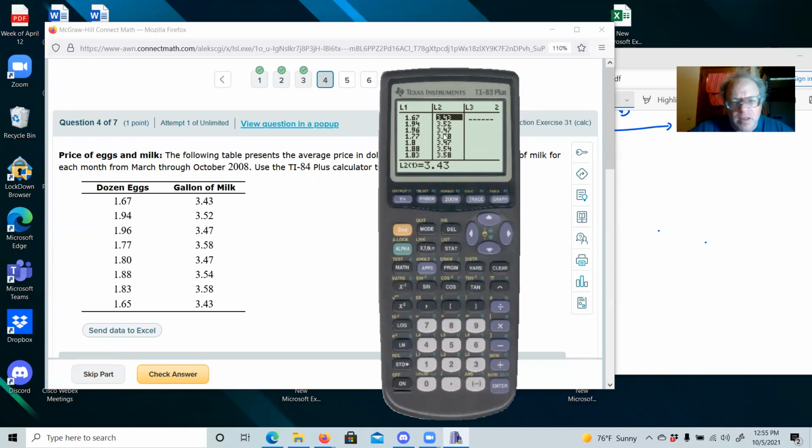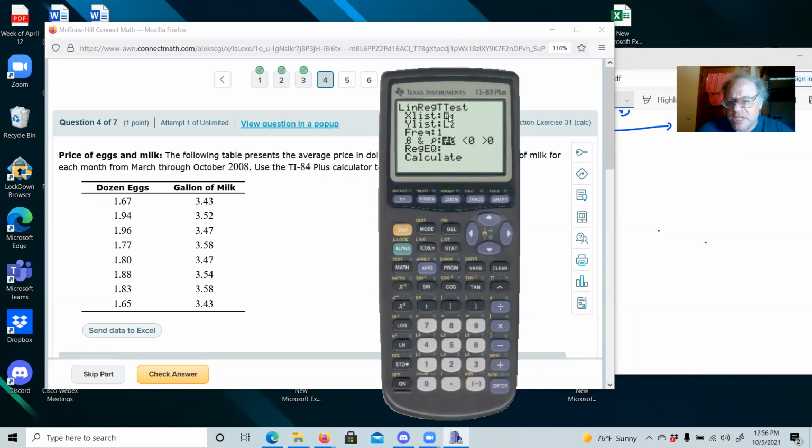It's been a long time since I had to do that by hand, so double check. All right, looks good. Now, stat, go over to tests. So stat, tests, and now we're going to go down to where it says lin reg t-test. On a TI-83, it's option E. On a TI-84, it's going to be option F.